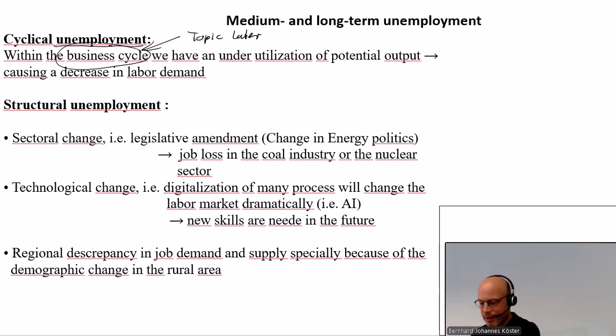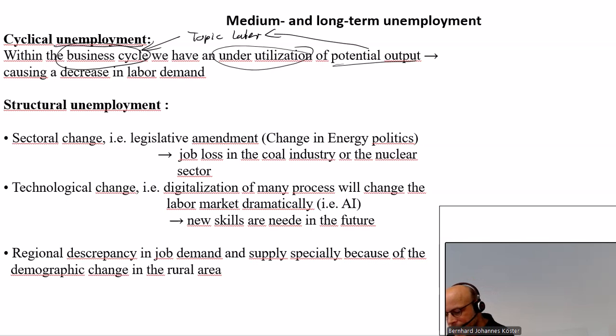And in a recession, especially when we have underutilization of potential output, which we will also cover later when we talk about the business cycle, as I already argued, we have an increase of unemployment.